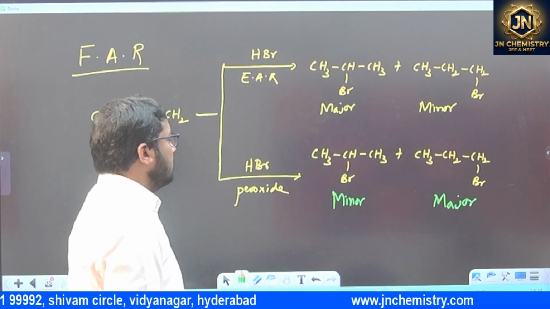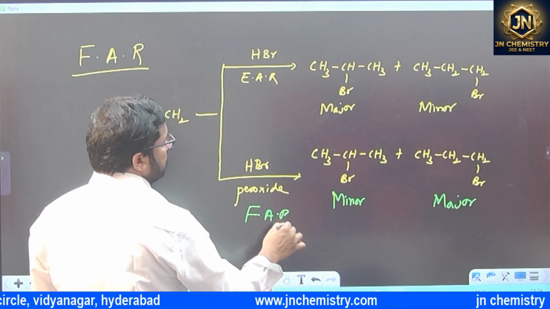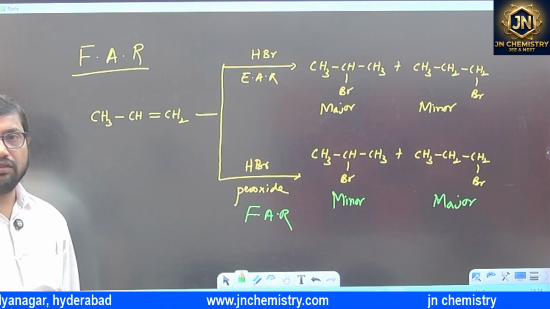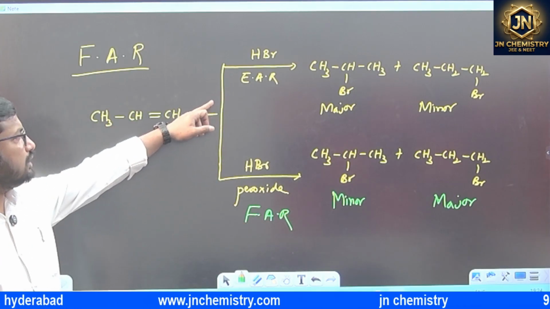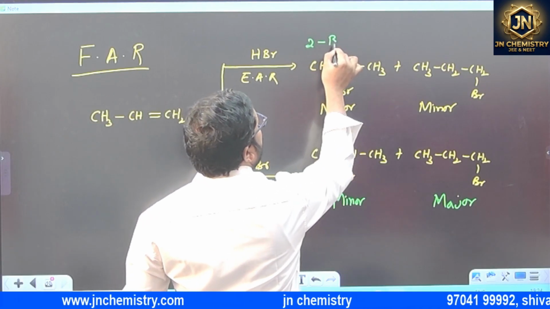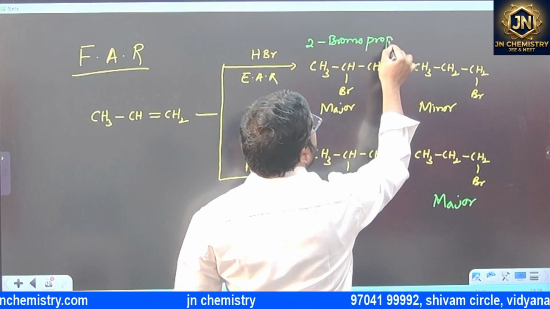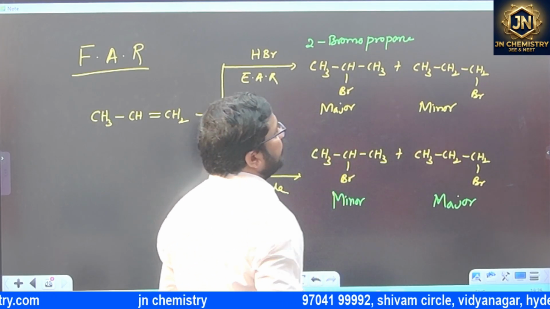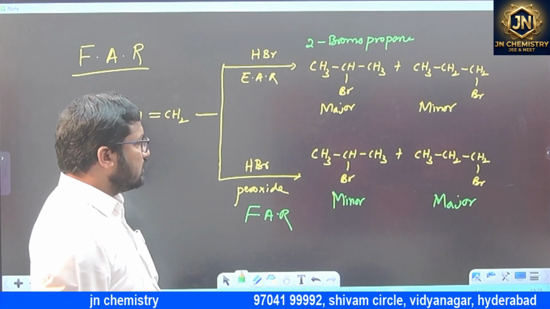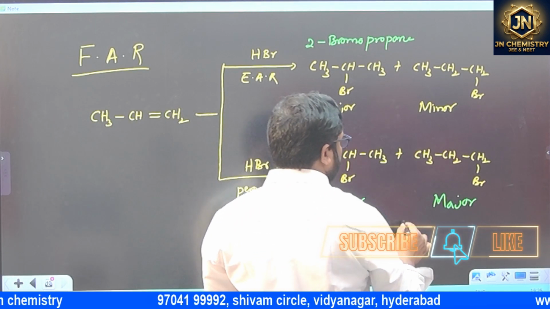Opposite. So which reaction is this? Free radical addition reaction. We should know the difference from electrophilic addition reactions. In electrophilic addition, 2-bromopropane is the major product, whereas in free radical addition reaction 1-bromopropane is the major product now.